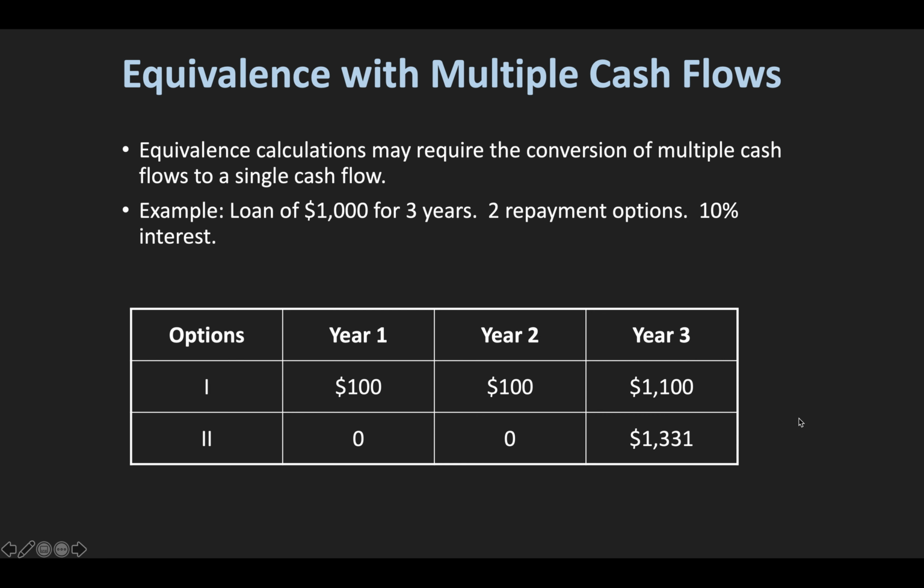So are they really equal? 231 sounds bigger than 200, but they are at different years. How do we know it's really bigger or not? So that's basically what we need to do. We're going to talk about the cash flows, and later on, let's come back and see which one is really a better choice.